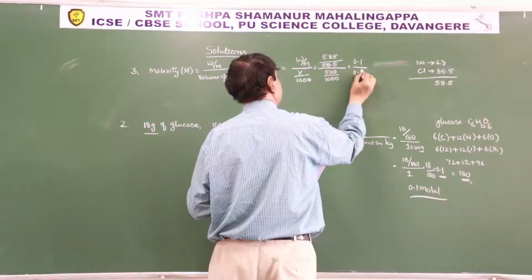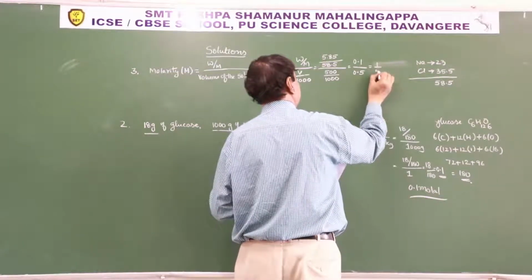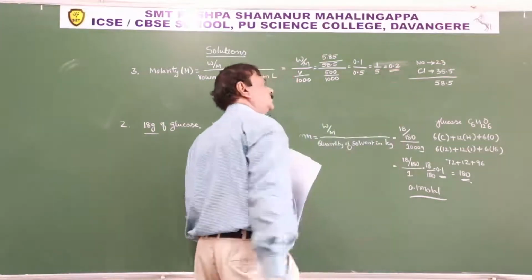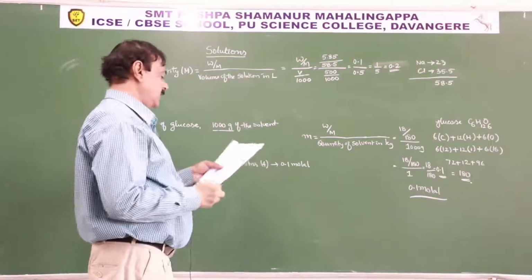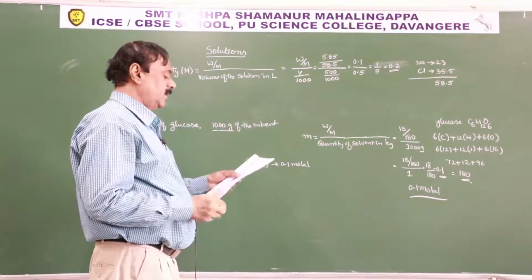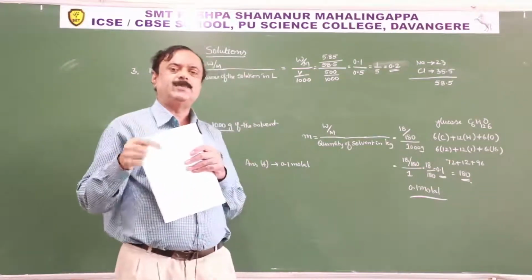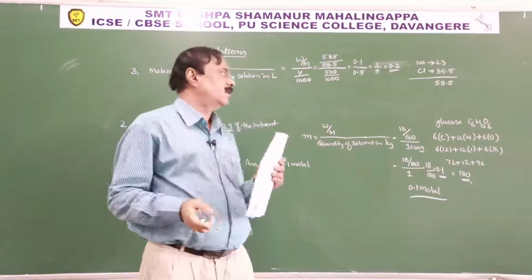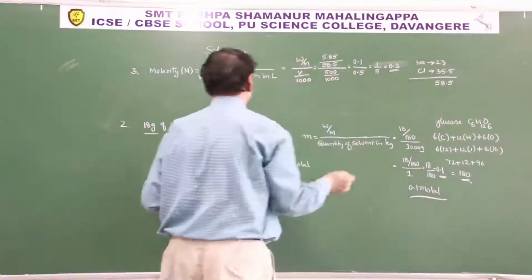Now 0.1 divided by 0.5 is equal to 1 by 5, that is equal to 0.2. Therefore, in the third problem, the solution of sodium chloride which contains 5.85 gram of sodium chloride in 500 ml of the solution can be labeled as a 0.2 molar solution.